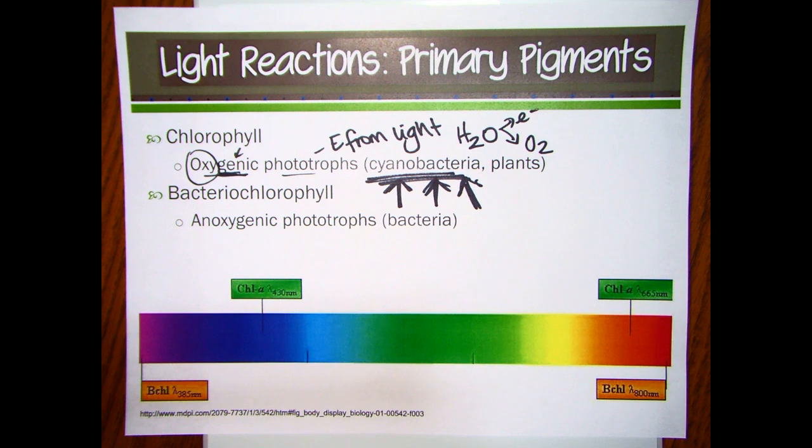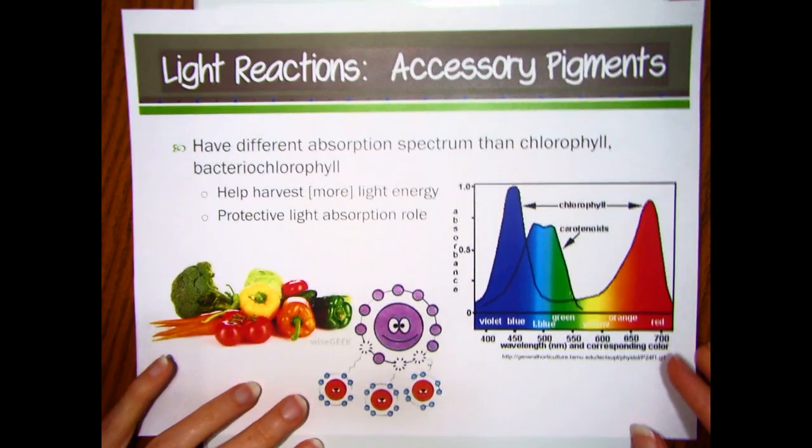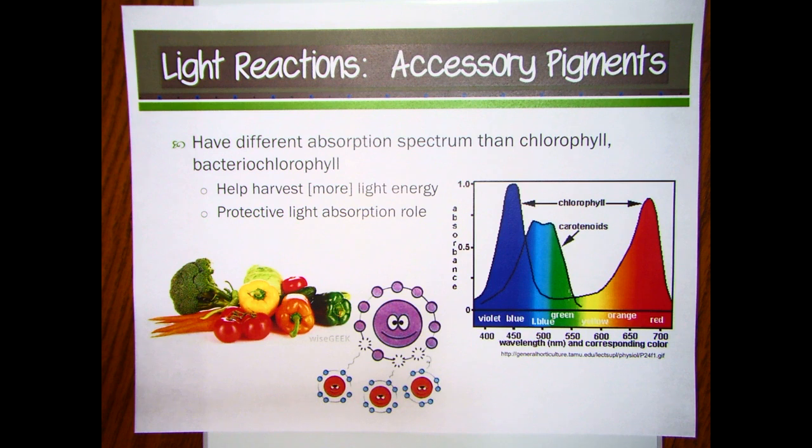The reason that they don't all look green is because of their accessory pigments, which we will get to now. In our primary and secondary metabolite example, accessory pigments are more like secondary metabolites. Accessory pigments will absorb light that the primary pigment misses.